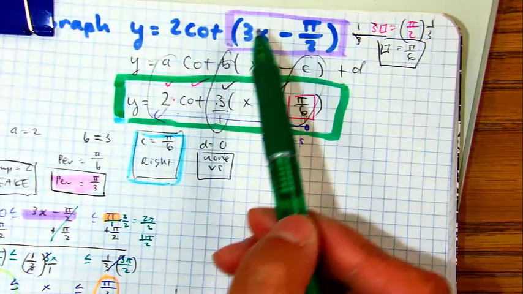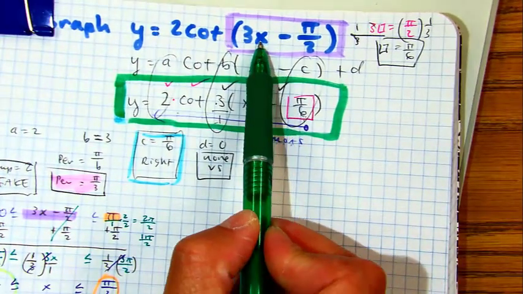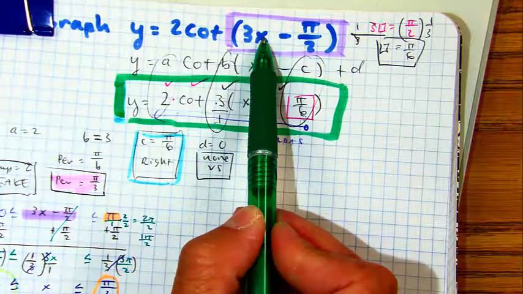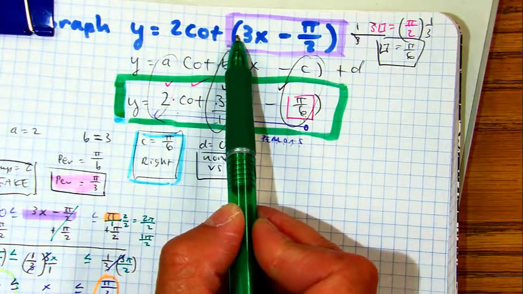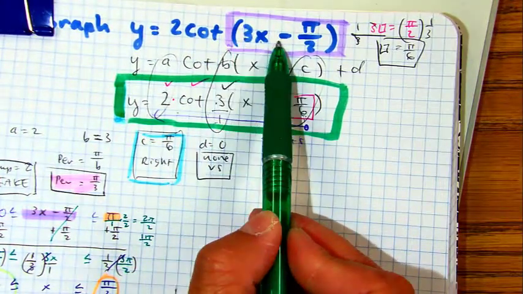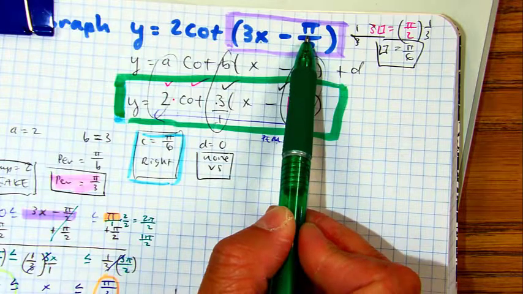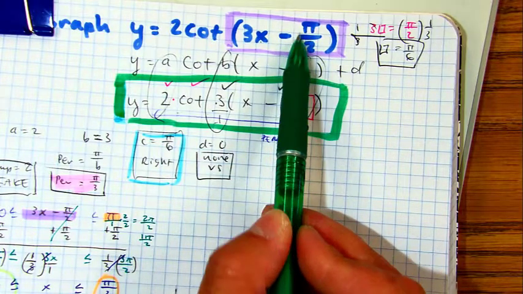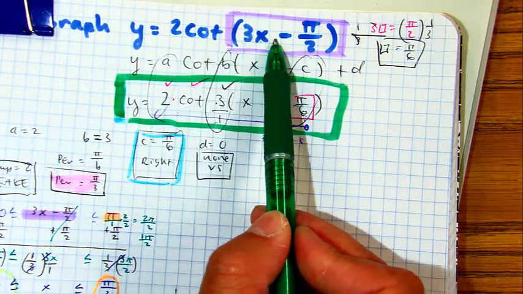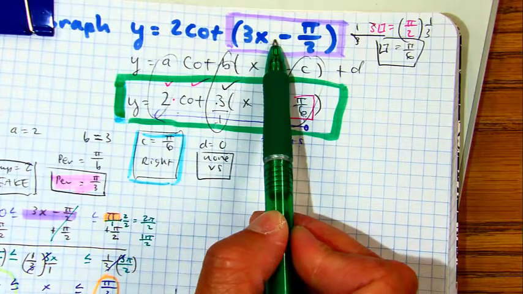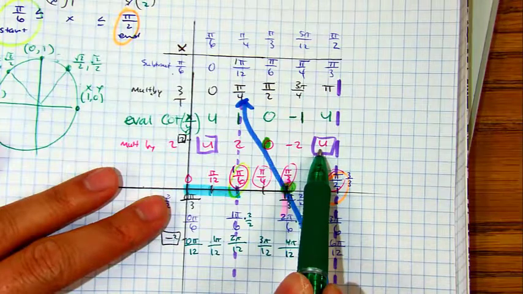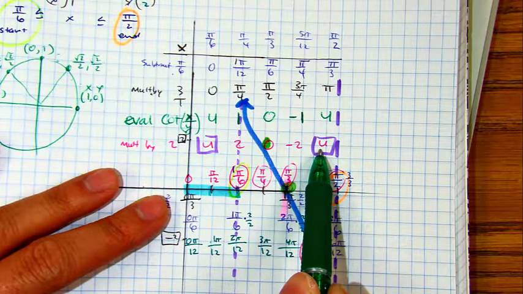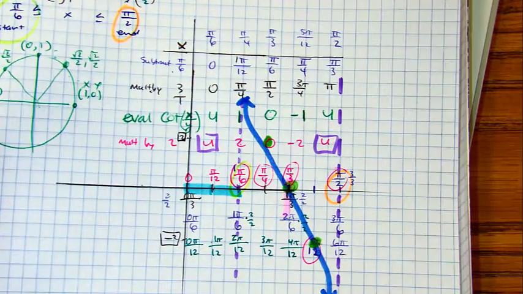If I put pi over 2 here, pi over 2 times 3 is 3 pi over 2. 3 pi over 2 minus 1 pi over 2 is 2 pi over 2, which is just pi. Cotangent at pi is undefined, and 2 times undefined is just undefined. So essentially you're doing the same thing, we're just doing the mass production of those values.